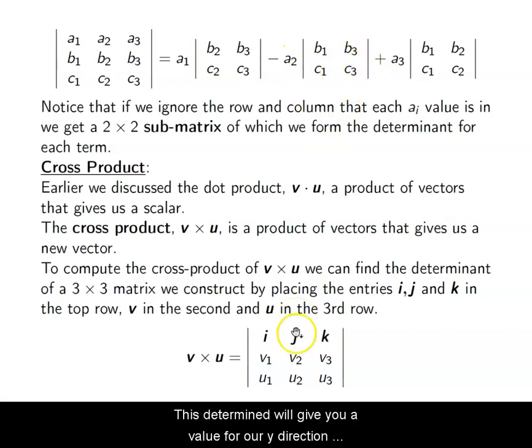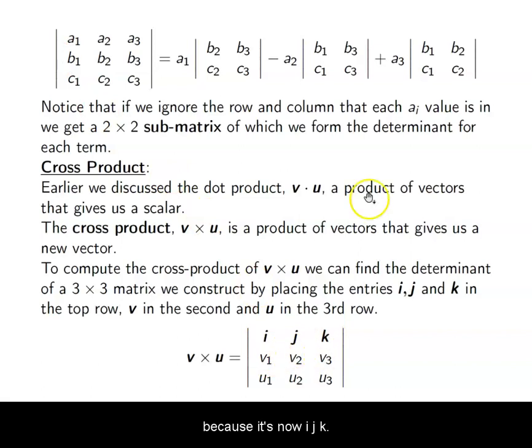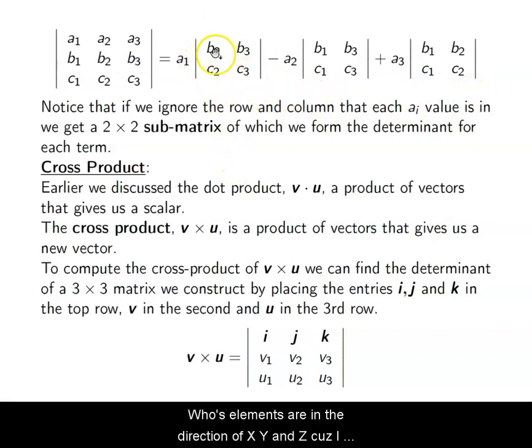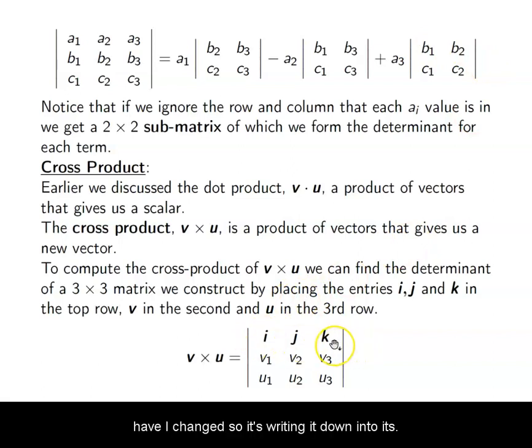This determinant will give you a value for our y direction, right? Because it's now i, j, and k. And k will be here instead of a3. So I will get a value times k. So that'll give me a new vector, right? Whose elements are in the direction of x, y, and z, because I'll have i, j, and k there. So it's breaking it down into its standard unit vector representation.